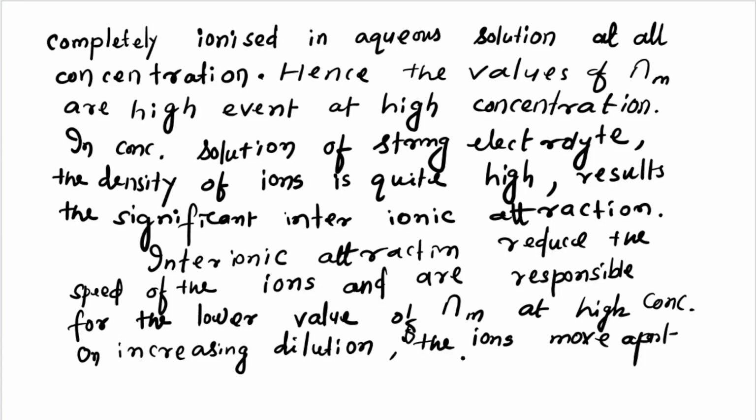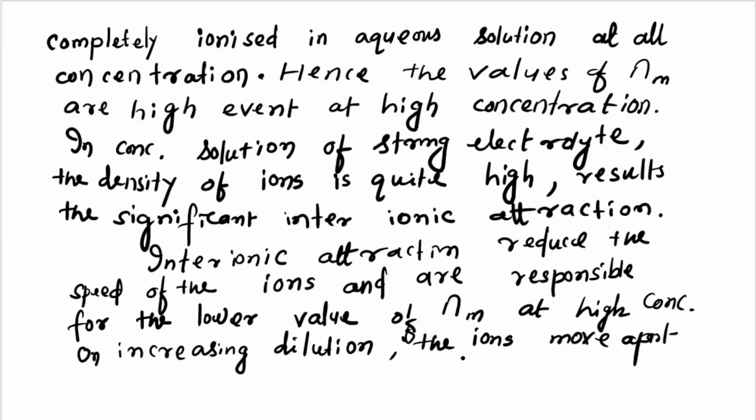So this is the main question. When a strong electrolyte is at high concentration, there should be more molar conductance. But why not? Because the strong interionic attraction reduces the speed of the ions, so it lowers the value of molar conductance.